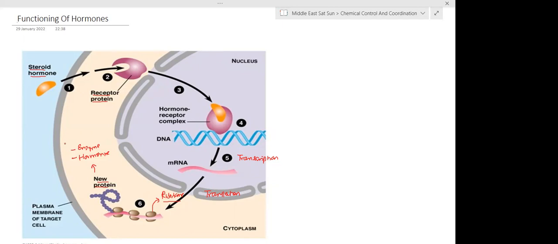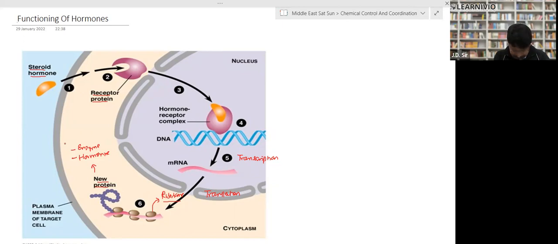When they reach the target tissues, they bind to a specific protein called hormone receptors, located on the target tissue.